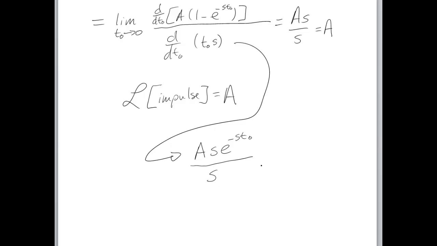Now we're evaluating this where t sub 0 goes to 0. So in that case, this exponential term is 1. And that's how we're left with a times s divided by s.